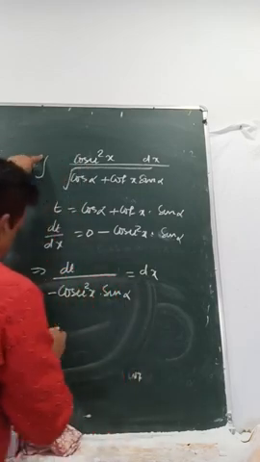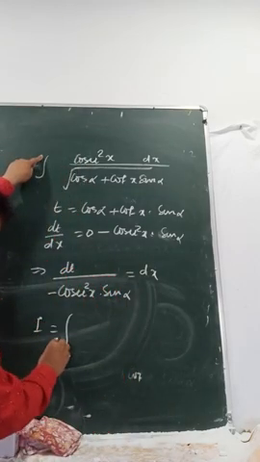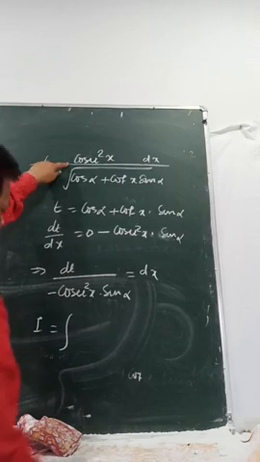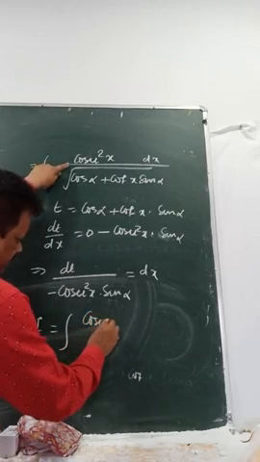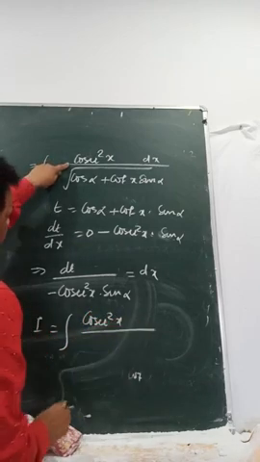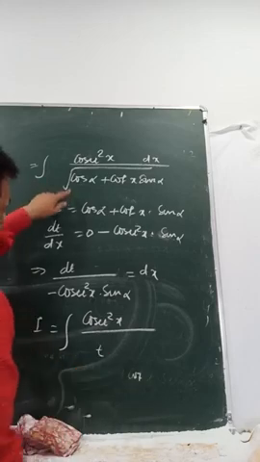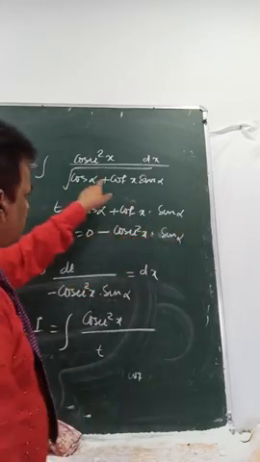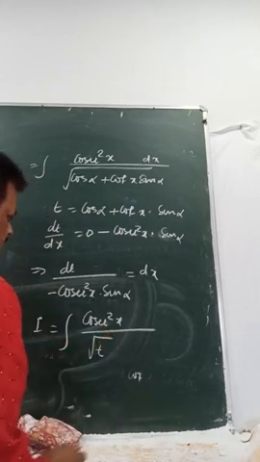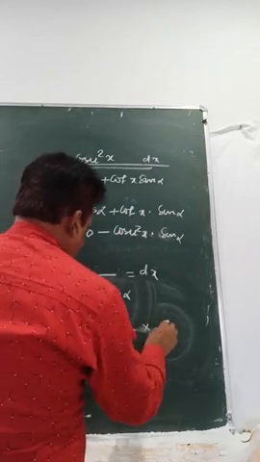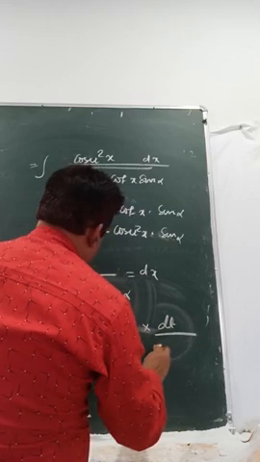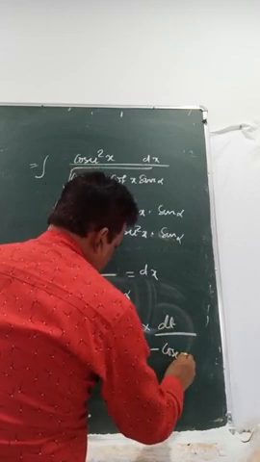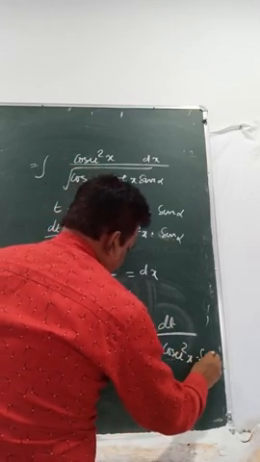So our integration becomes cosec square x by root t, because this one I have taken as t, into dt by minus cosec square x sin alpha.